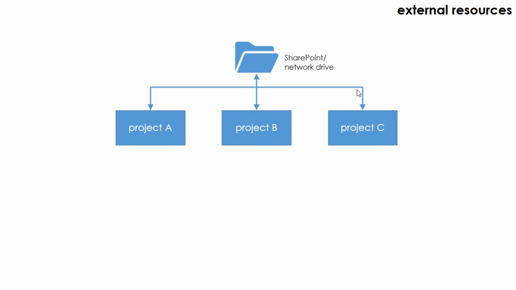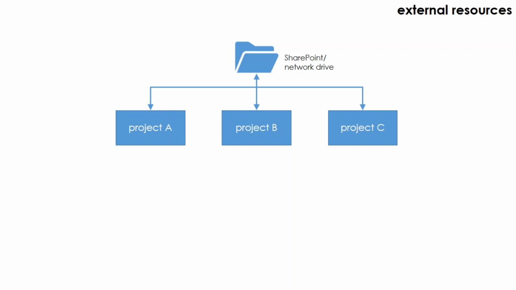I will be showing where all the files live, don't worry. So with an external resource, it might be on SharePoint or a network drive. It's not on a website or something like that, but something that you could map a drive to. And we could bring it into Project A. I'll show you how to do that.